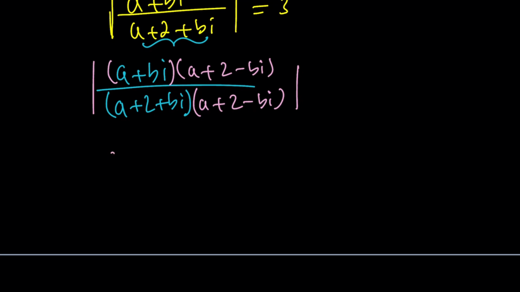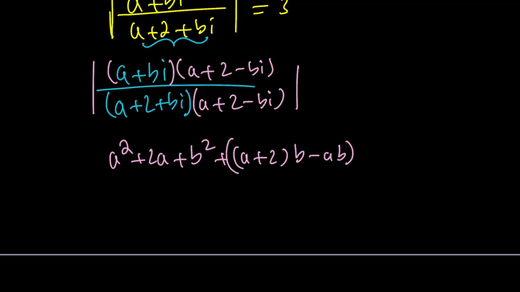You can go ahead and distribute. You get a squared plus 2a, and then plus b, because negative b squared i squared, and then you should be getting something like minus ab, and then plus a plus 2 times b, minus ab, and then all of that is multiplied by i.